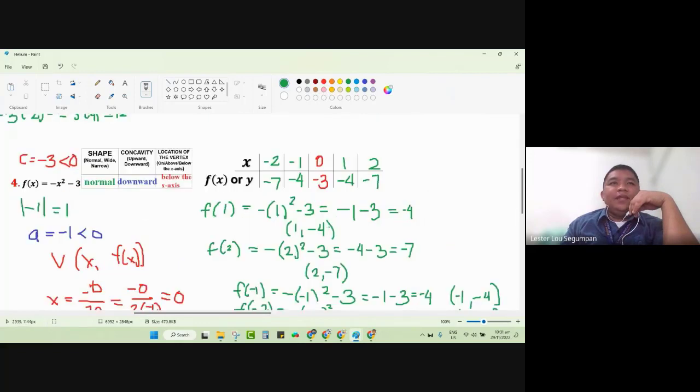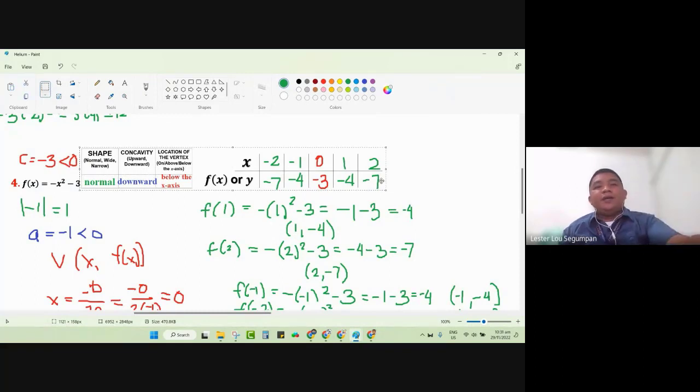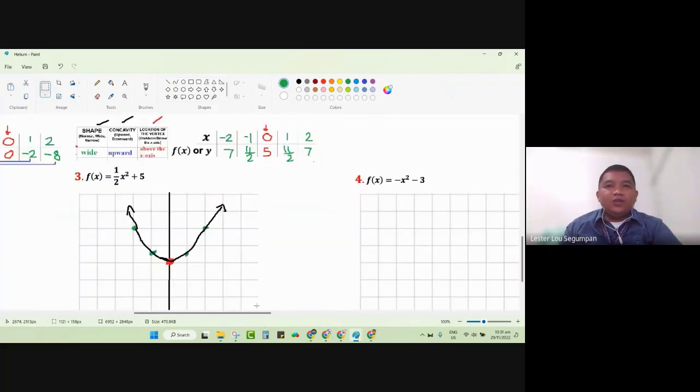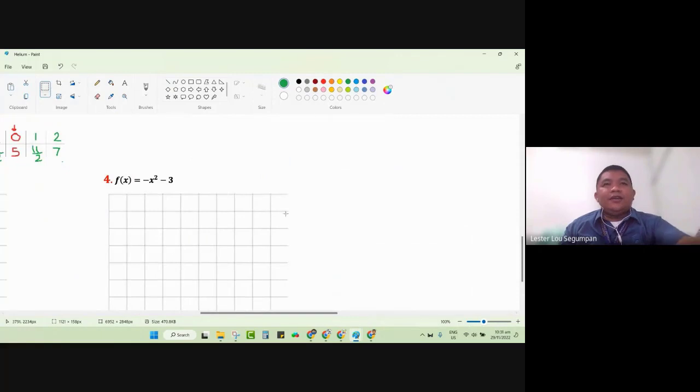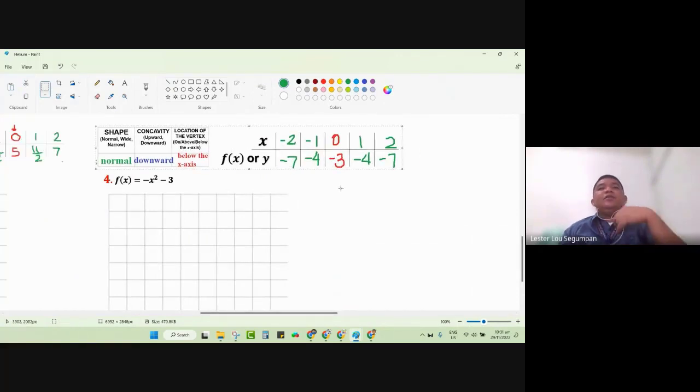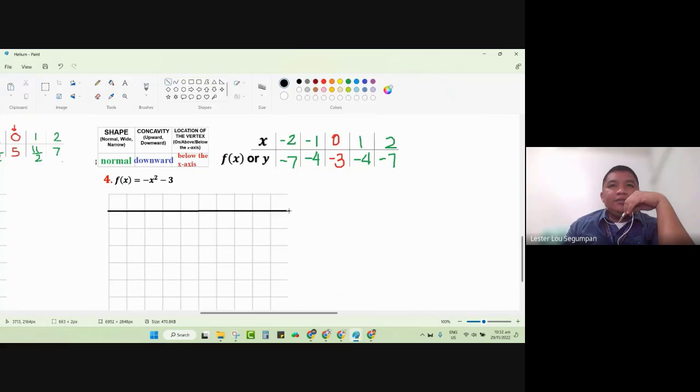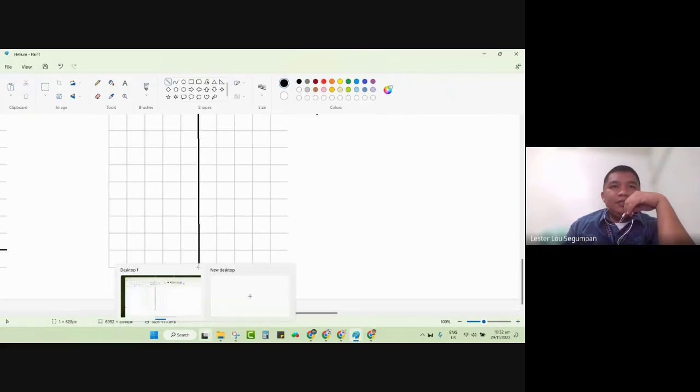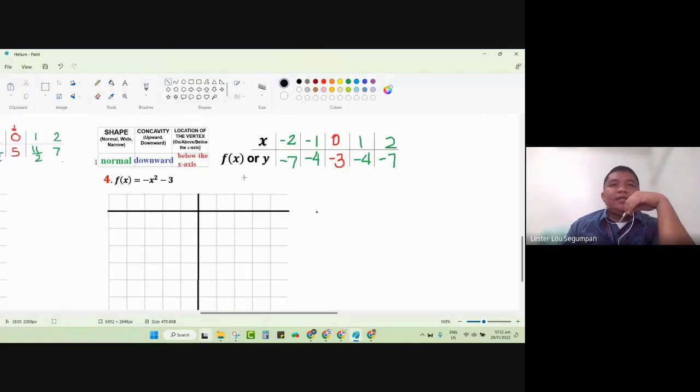So this is now the complete table that will give you a more concrete form of the parabolic graph. Let's hope we could really see the graph here when we use these values. So the predictions are already given here. And since it's below the x-axis, let me just place the x-axis here for the prediction. And here would be the y-axis.